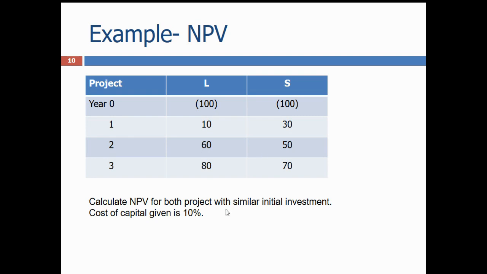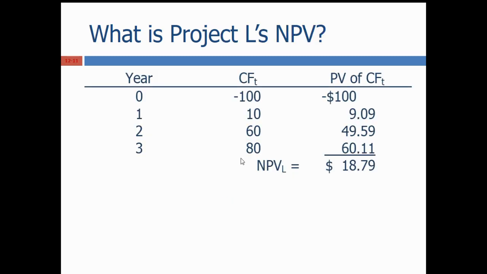The question tells you that you have an initial investment, and your cost of capital is 10%. Then you're required to calculate the NPV of the project and decide which of these projects you're going to accept. So let's calculate. For project L, in the beginning of the year, you have negative 100.